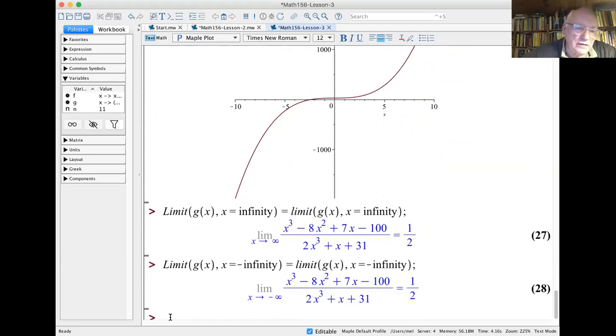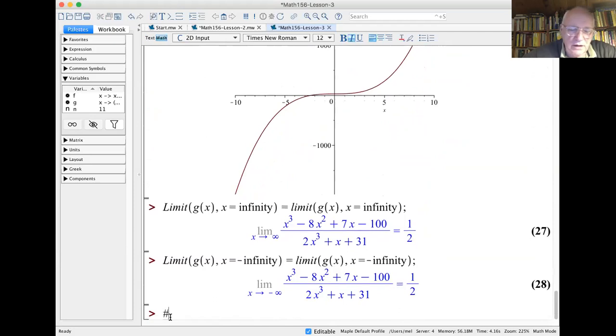Now in calculus, what's very important is to be able to draw the tangent line to the graph of a function at a point.